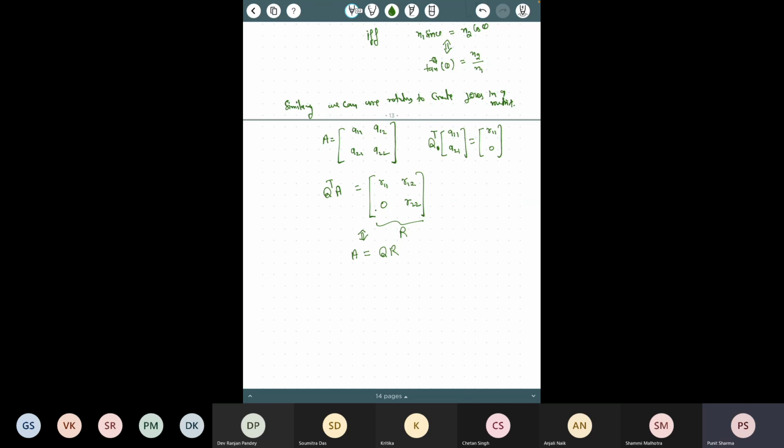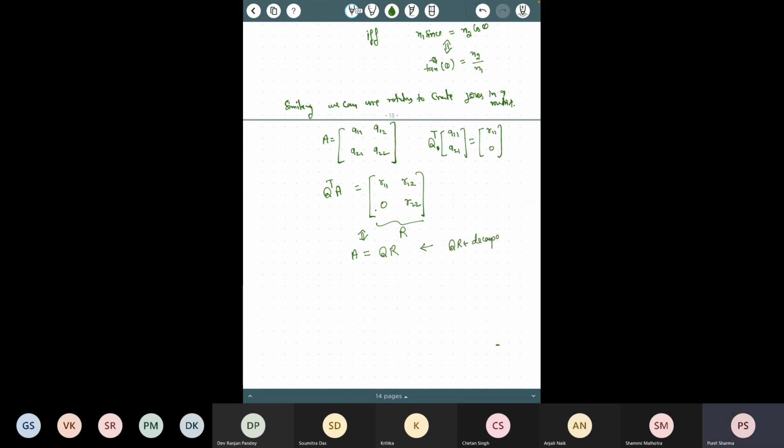So this also gives you a decomposition, or at least it tells you that it is possible to decompose a matrix into 2 factors, where one is orthogonal and one is upper triangular. So this is a decomposition of the form QR. Actually this decomposition is known as QR decomposition.